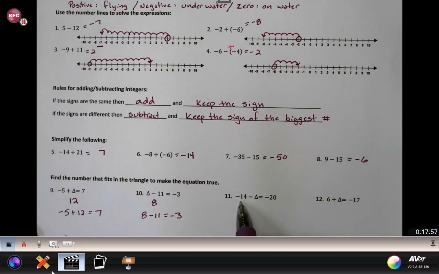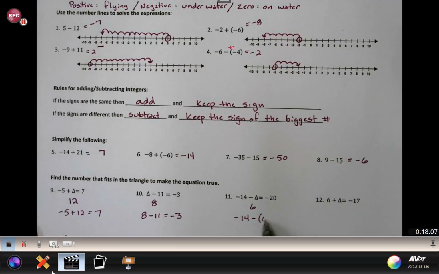So it needs to be actually smaller. So what number goes in here? I think it's 6. Let's see if that works. Negative 14 minus 6 equals negative 20. Does that work? Yeah, they're both negative. So that means I add the numbers, 20, and keep the negative sign.